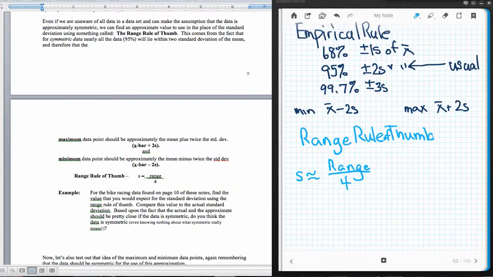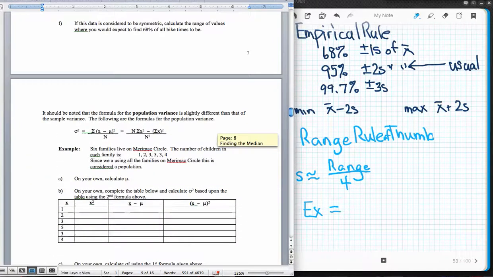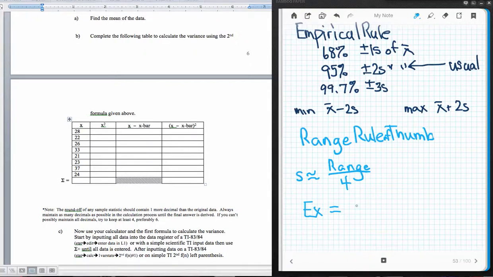So if we look at our bike racing data and we look at the range for that data, let me just scroll back, it'd probably be the easiest. Our bike racing data had a smallest point of 21 and a largest point of 37. So we have 37 and we have 21.